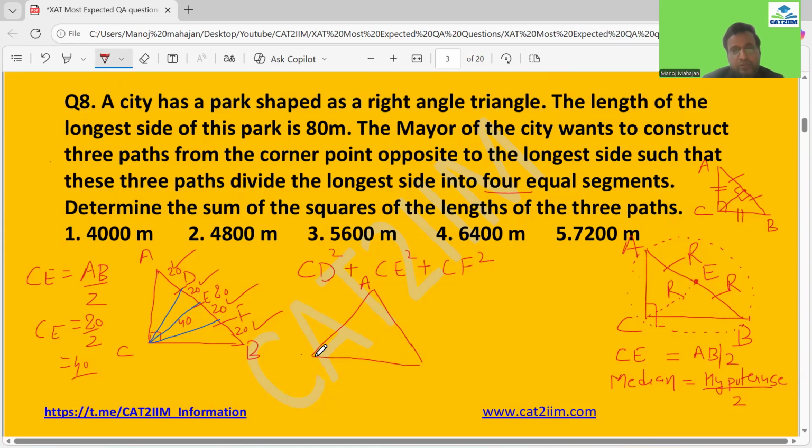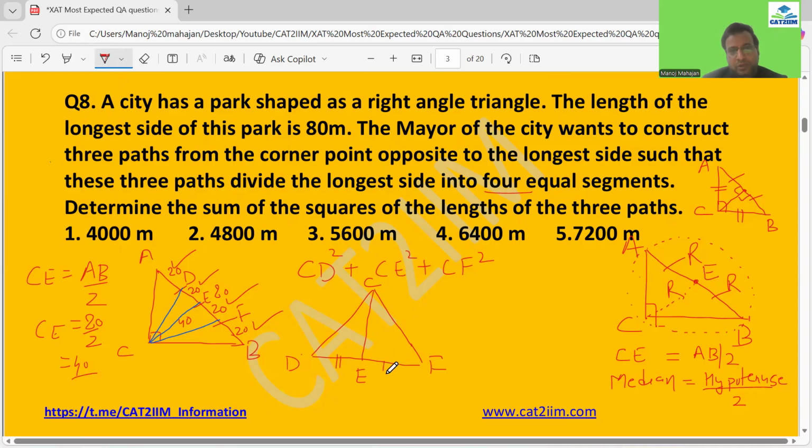So let's say you have something like this. Just one example of any triangle CDF, let's say. Not necessarily that angle C out here is some particular angle, it could be any angle, right? I'm just drawing the median, right?